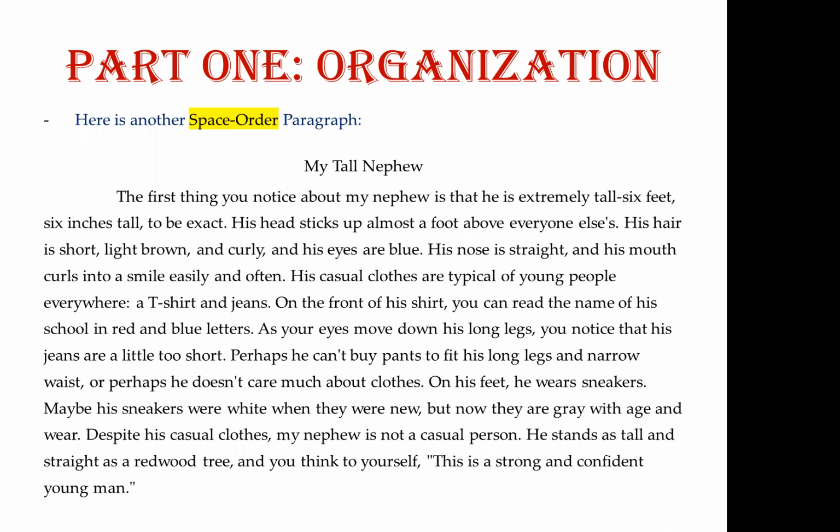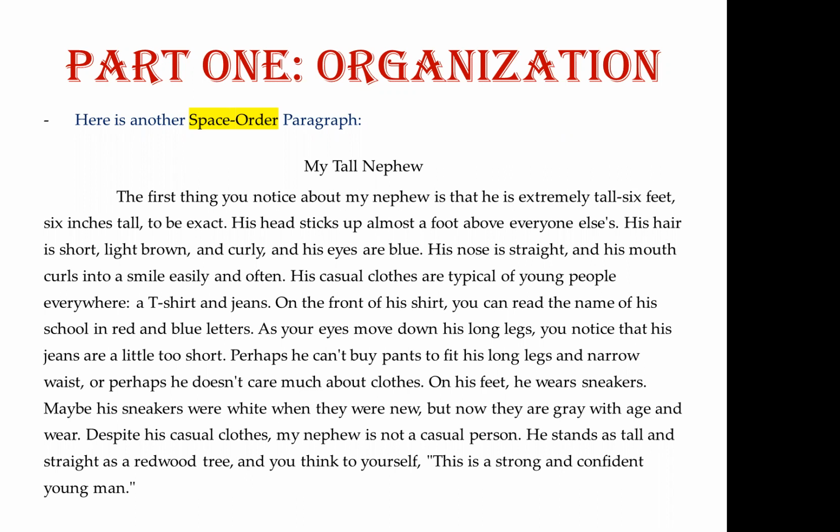As your eyes move down his long legs, you notice that his jeans are a little too short. Perhaps he cannot buy pants to fit his long legs and narrow waist, or perhaps he doesn't care much about clothes. On his feet, he wears sneakers. Maybe his sneakers were white when they were new, but now they are gray with age and wear.